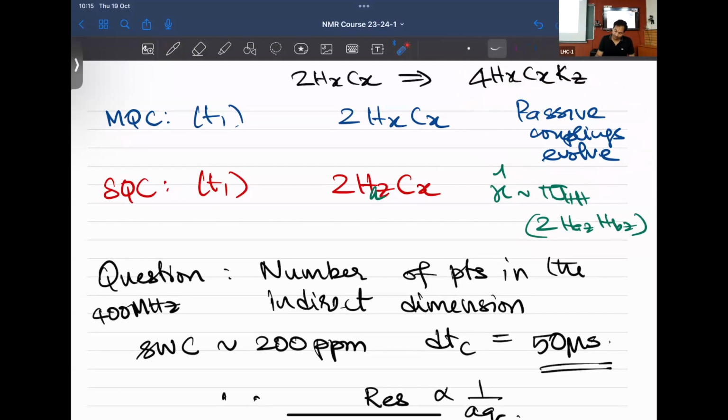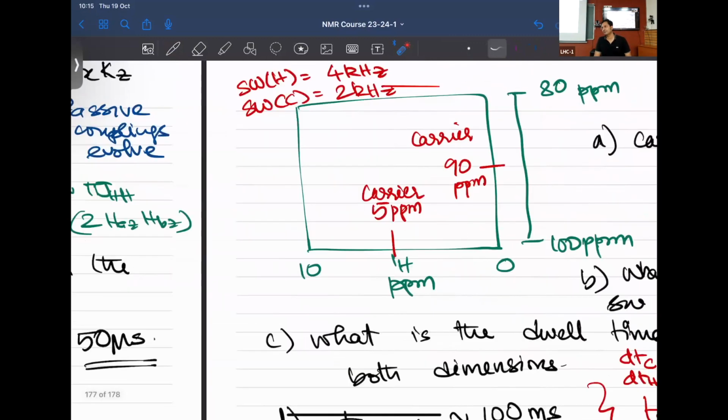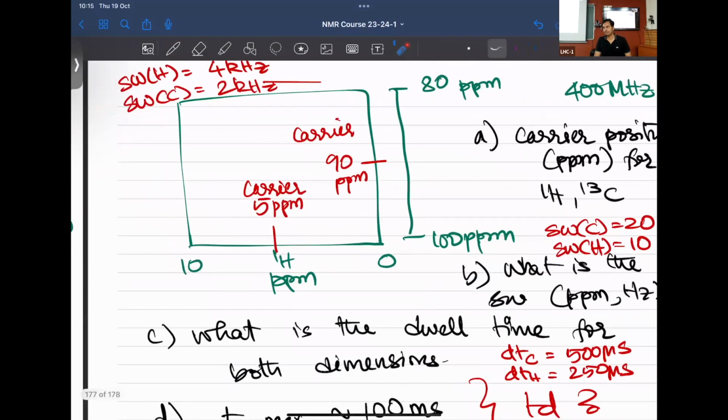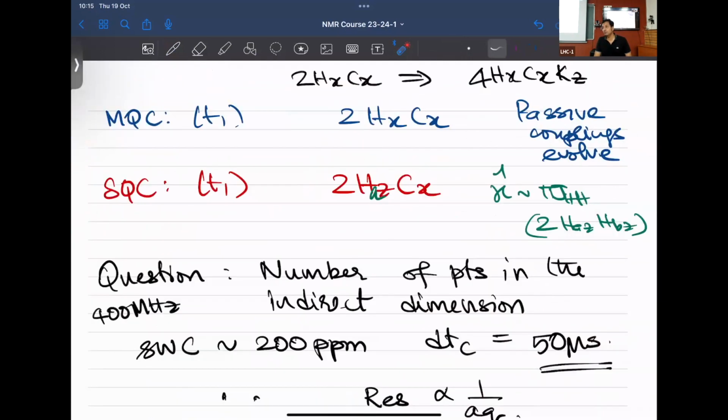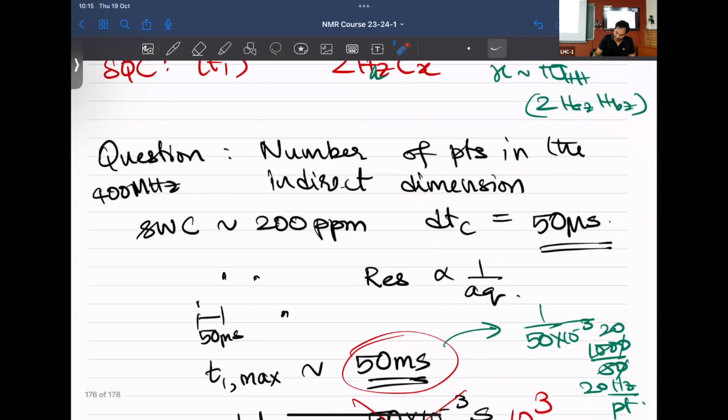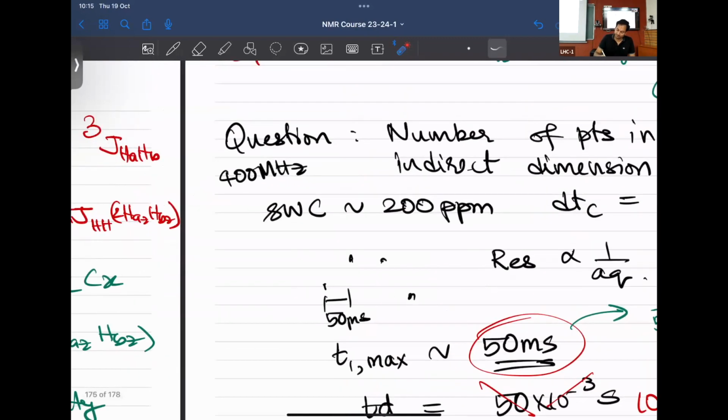Okay. All right. Yes. Passive coupling is an example of an IS2 system. Actually, it's not IS2. It's more of an AMX type system. Okay. We have to consider three. So the passive coupling, I thought I gave an example. Let me see. Yeah, for instance, you take this system.